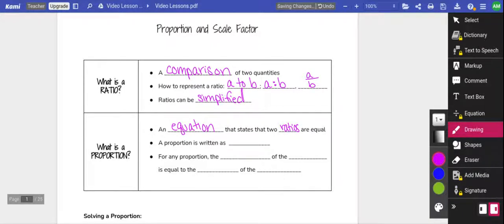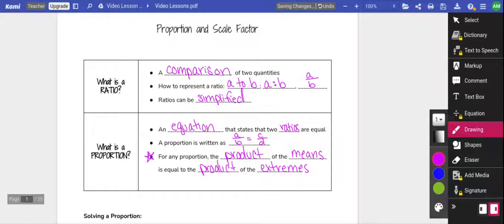And when we see a proportion written, it's usually written as A to B is equal to C to D. In any proportion, the product of the means is equal to the product of the extremes. This is an important phrase and an important statement.